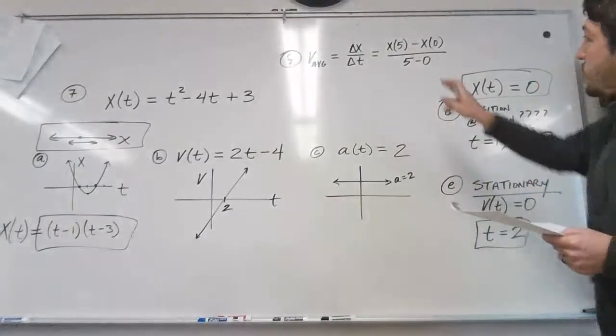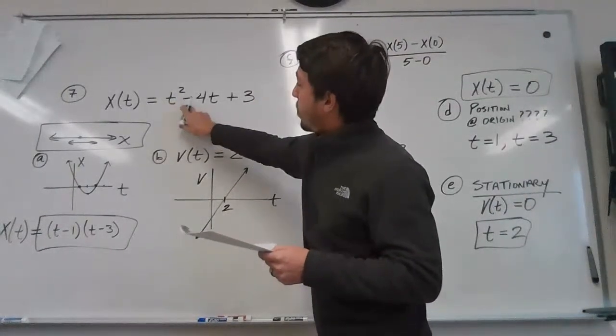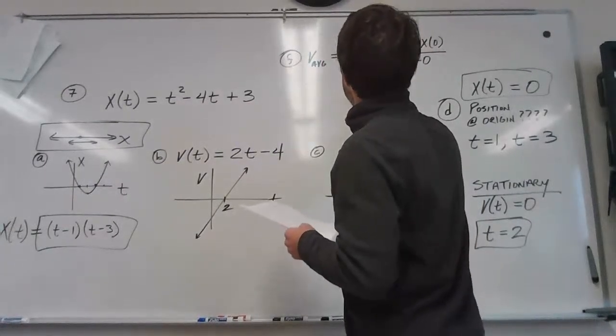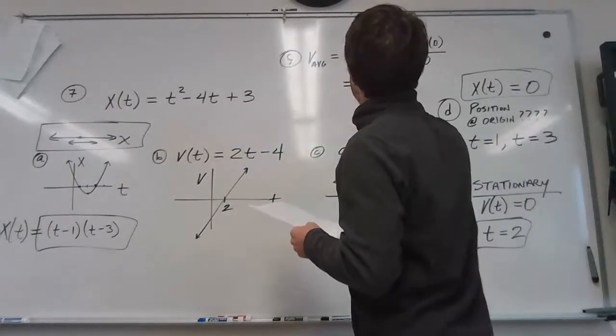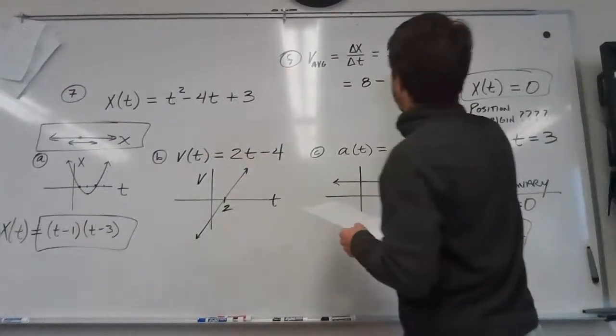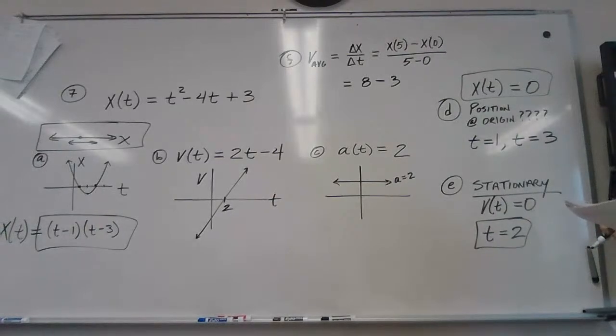What was the position at time 5? 25 minus 20 plus 3 is 8. What was the position at time 0? 3. Did I do that correctly? No typos, right?